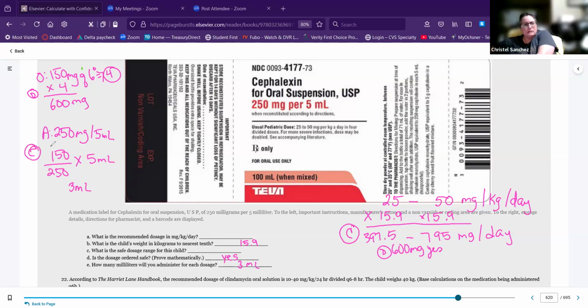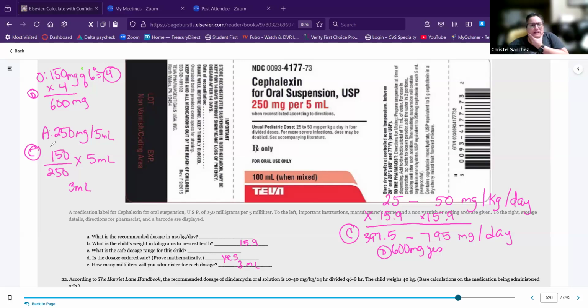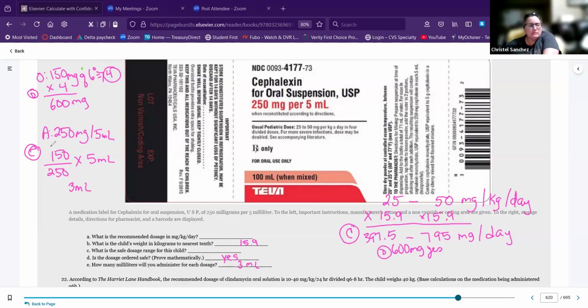All right, and then I'm not sure on A exactly what they're asking. We got the safe dose range, which was C. What is the recommended dosage in milligrams per kilogram per day? Is it the 25 to 50 that's on the label? That's the only thing I can see. I'm going to look at the answer in the book, because I'm not sure that's what they're asking. I guess that would be the recommended dose, so that's what they're recommending per kilogram per day.